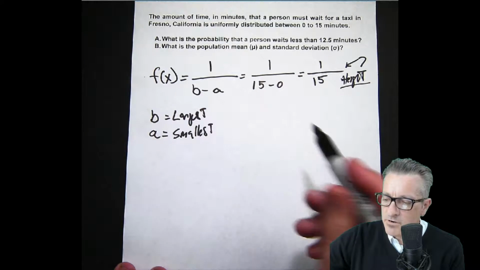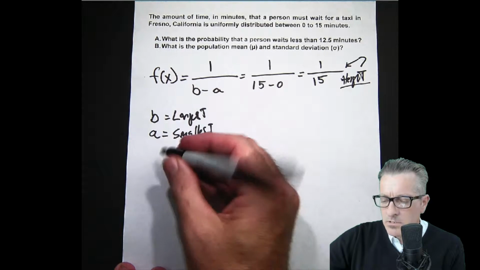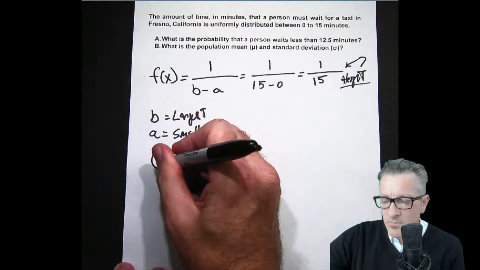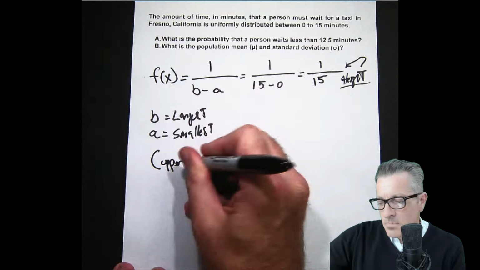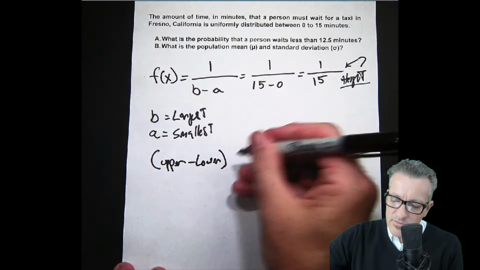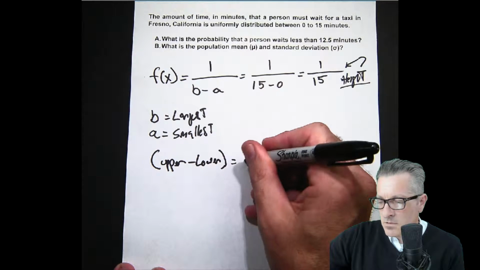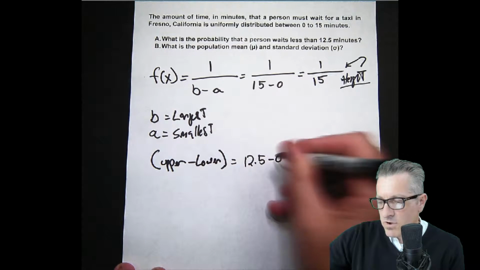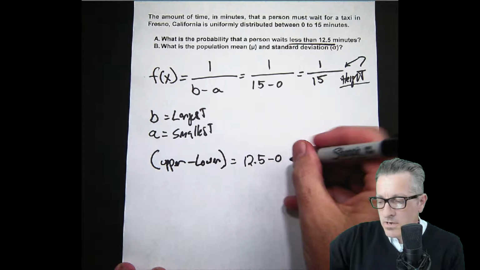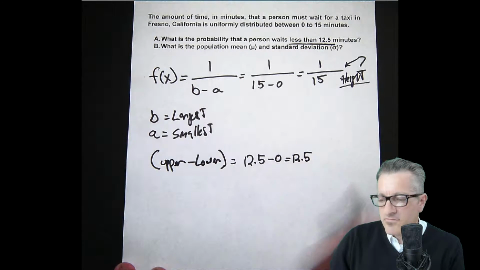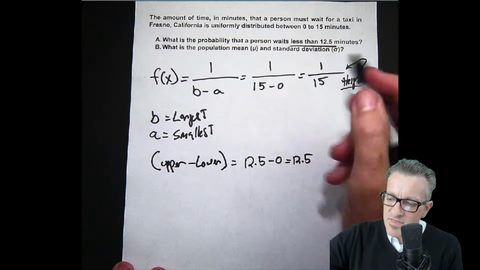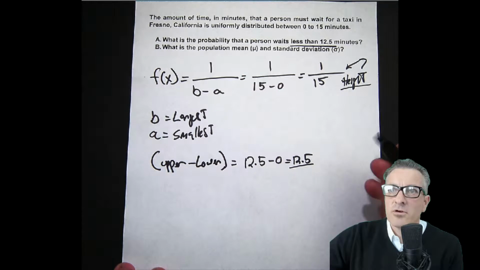We find the width by calculating the upper minus the lower: 12.5 minus 0, because we're concerned with less than 12.5. We end up with 12.5, and that's our width.